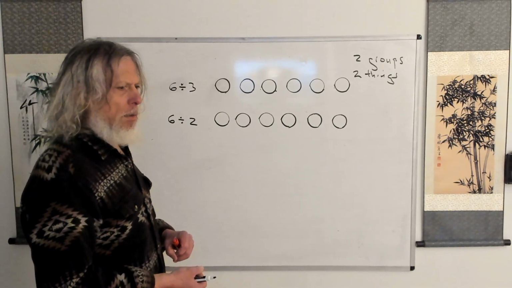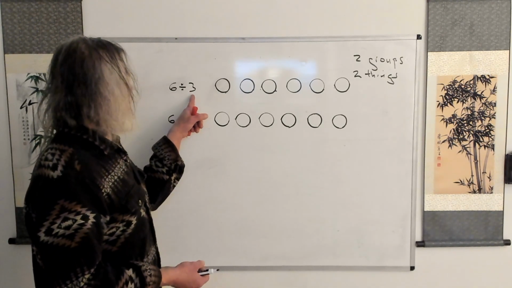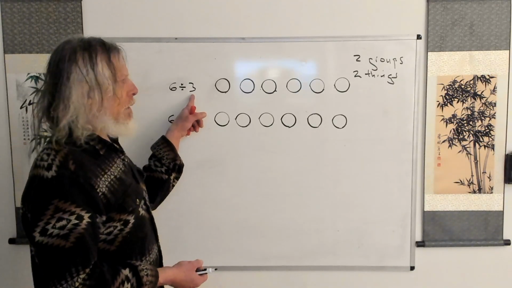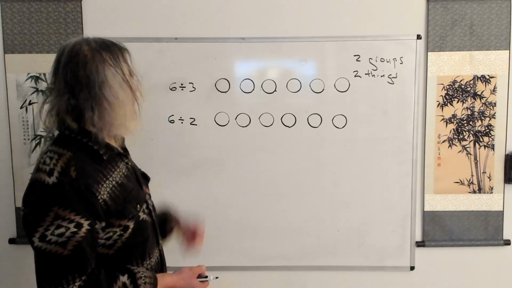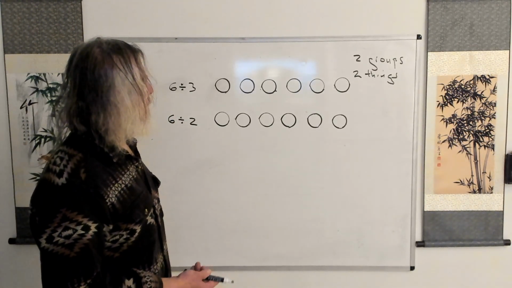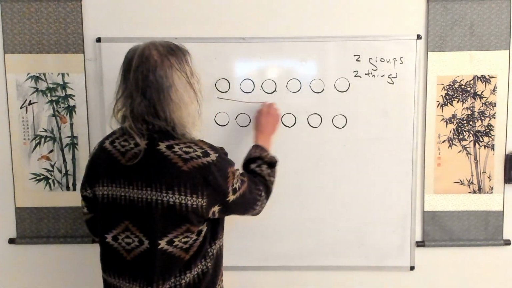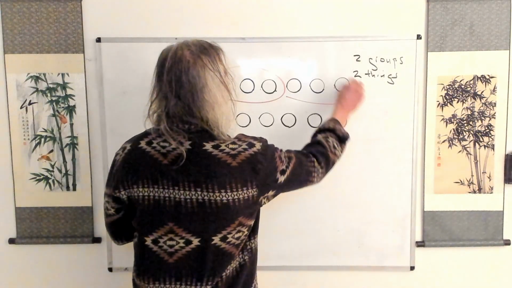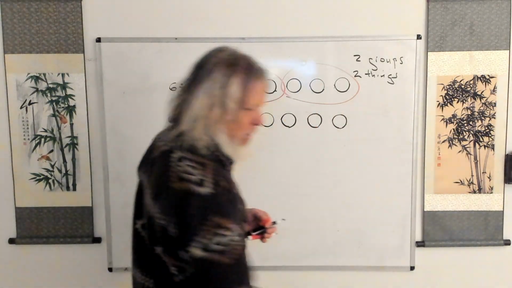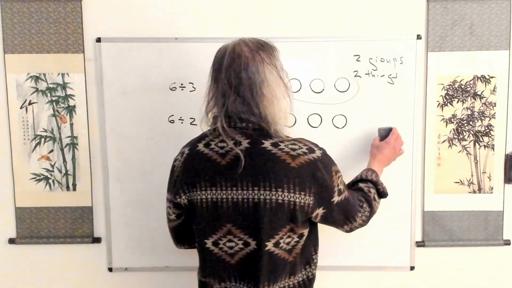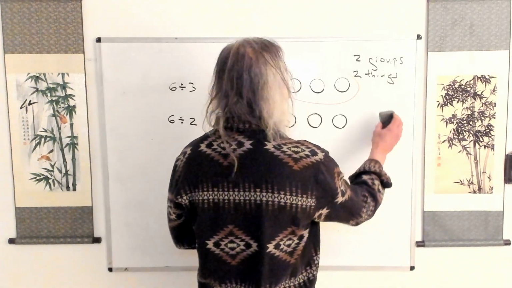You're going to see how many 3s can we break 6 into. So we got, again, 1, 2. So we get 2 groups.